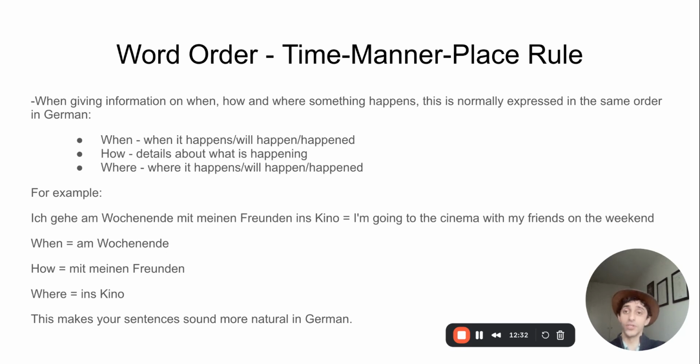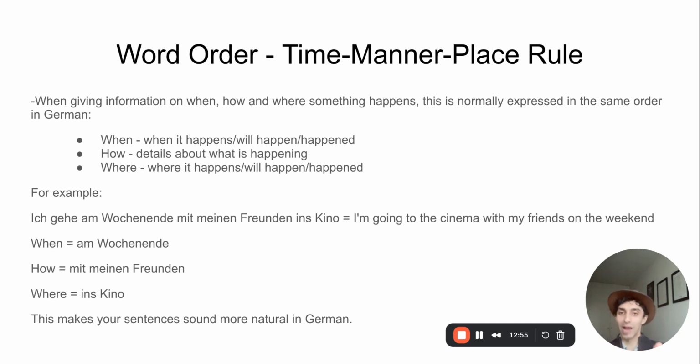So in German, when you tell somebody when, how, and where something happens or will happen or happened, you generally use this same order always, which is first detailing when it happens. Then how, so adding more details about what it is that happened.